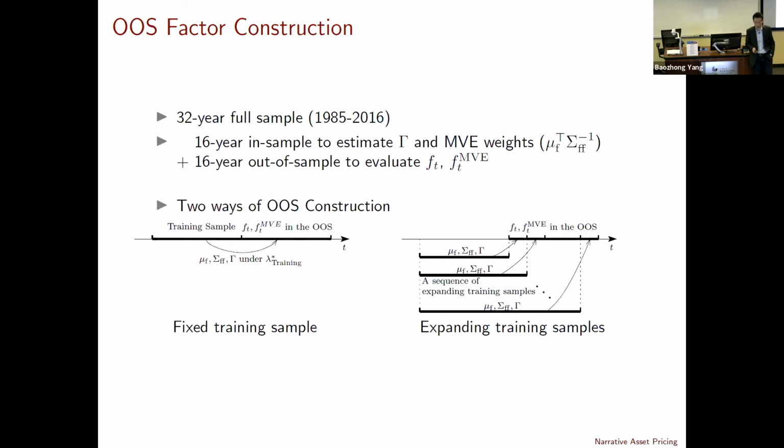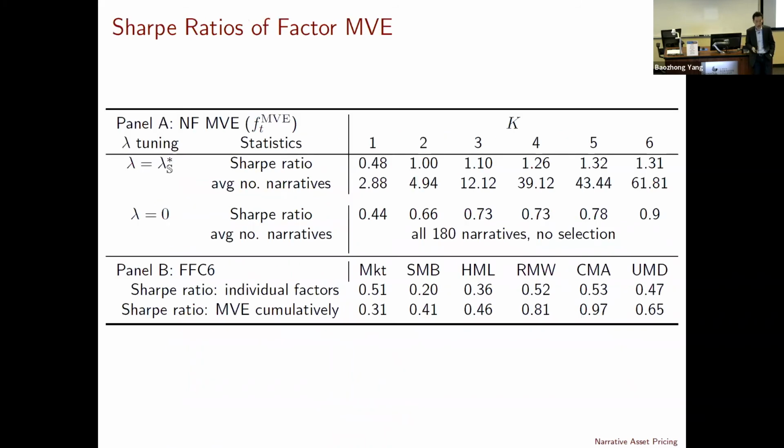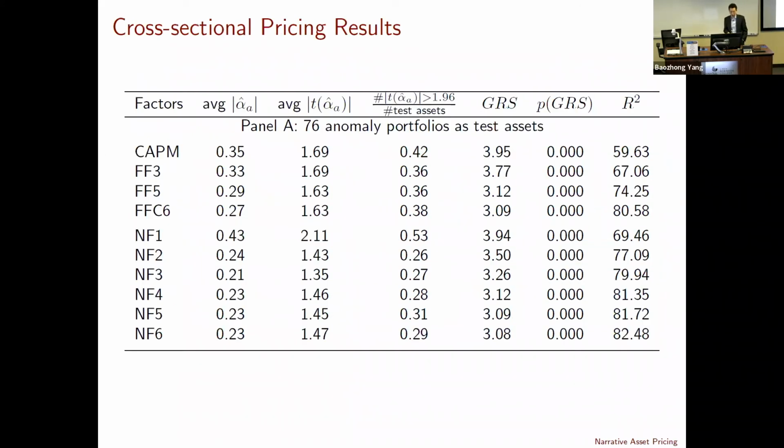They have small alpha, high Sharpe ratio compared to the state-of-the-art methods, Fama-French 5 plus momentum, 6 factors, all good pricing performances, right? So again, we are really attacking those factors that are constructed using characteristic information, but we did not rely on characteristic information at all. So that's remarkable about this result, right?